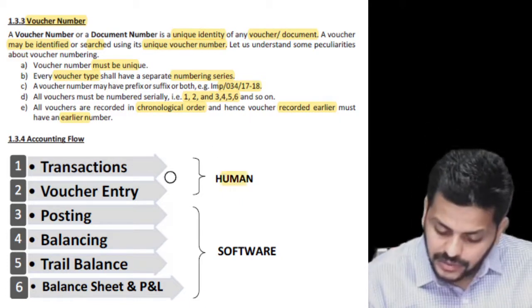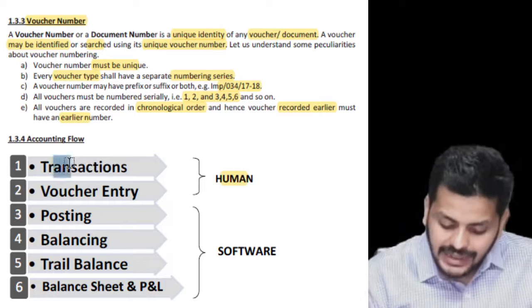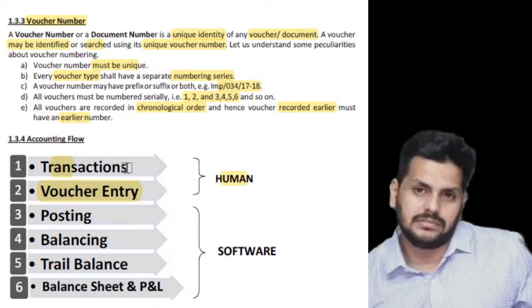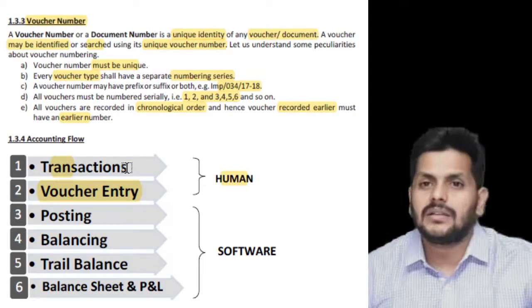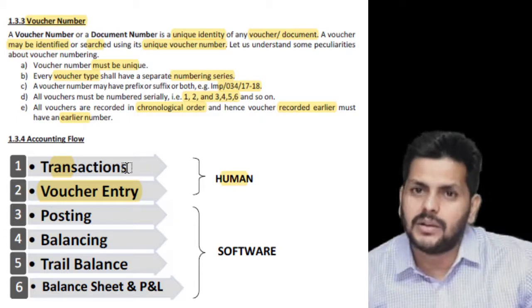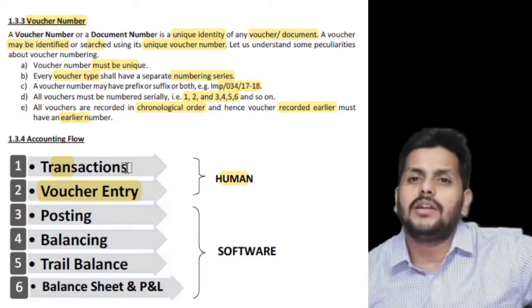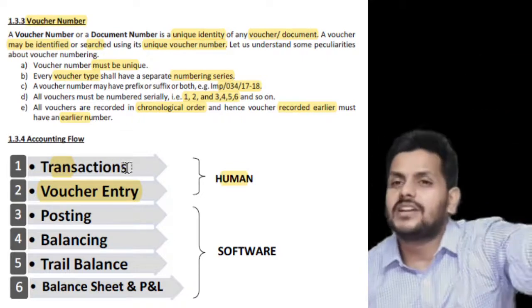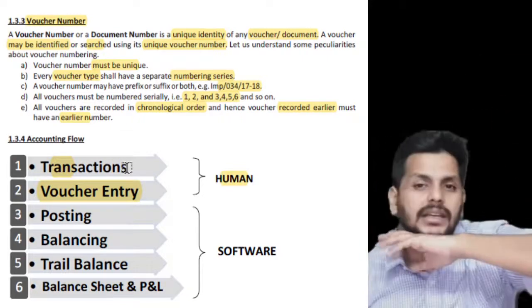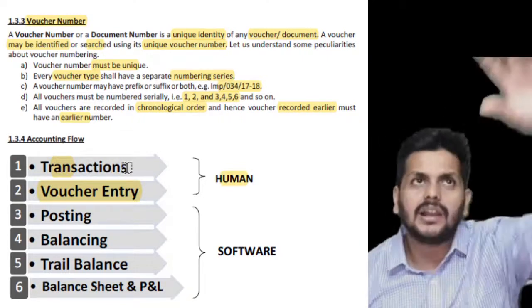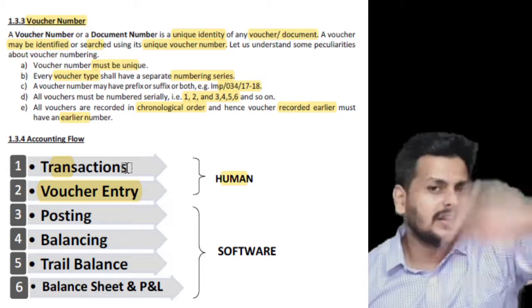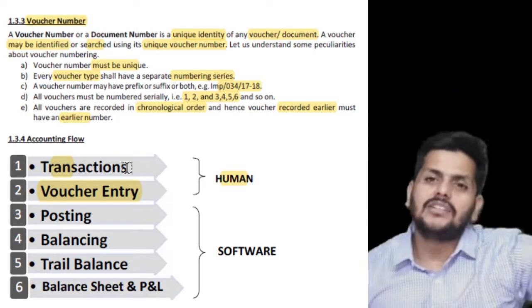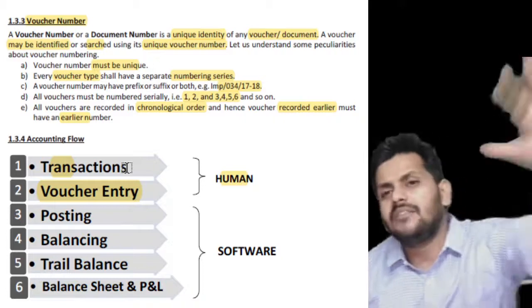These two steps are human, because the occurrence of a transaction and voucher entry both have to be initiated by a human being. Then once you post that journal entry, just think of software like Tally. In Tally also, pick up the journal, debit account, credit account, and then say enter. From there, going to the ledgers, from there to trial balance, balance sheet, P&L, everything it will take care of.